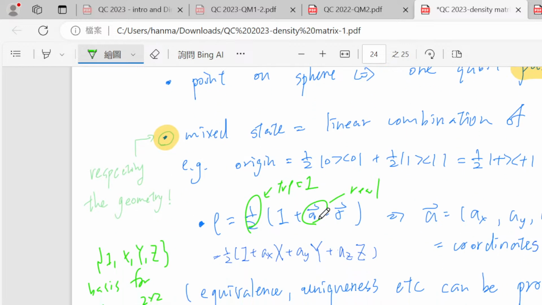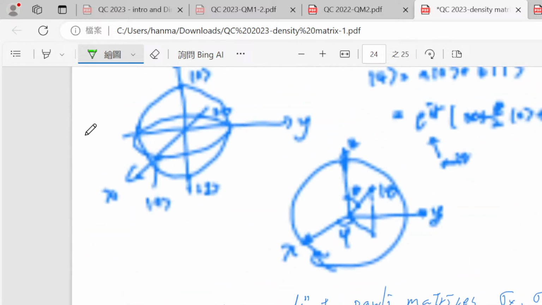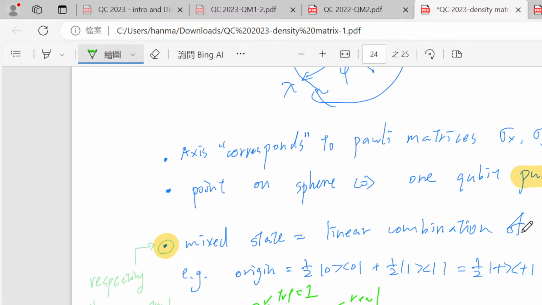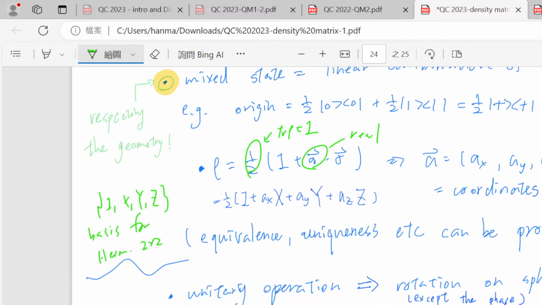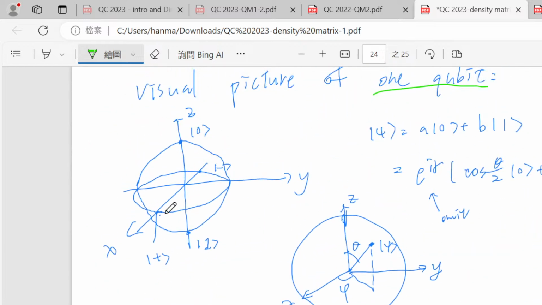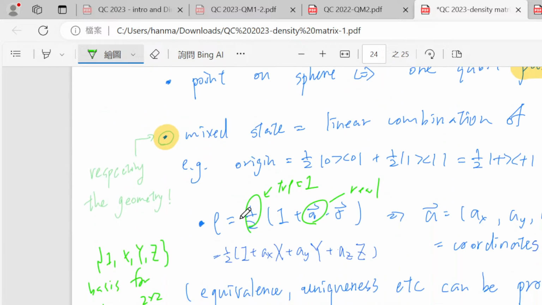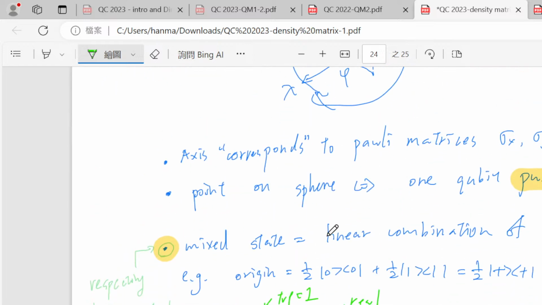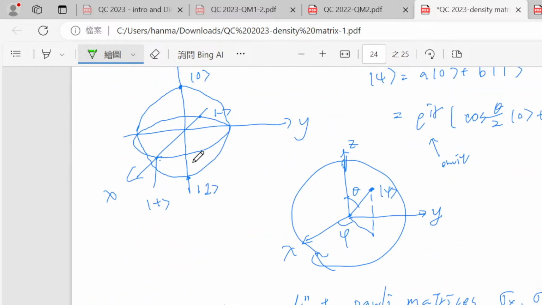So we see that when you write a mixed state as a linear combination of other mixed states, or even pure states, the coordinates will just be the corresponding linear combination of coordinates. So we have an example here. The totally mixed state is at the origin, and we know it's 1/2 of |0> plus 1/2 of |1>, and indeed it's in the middle of 0 and 1.